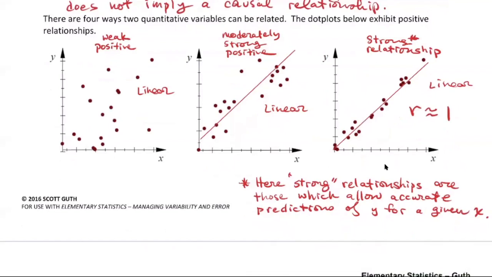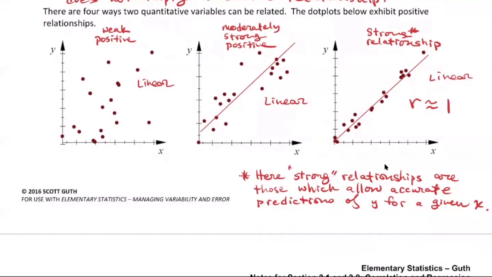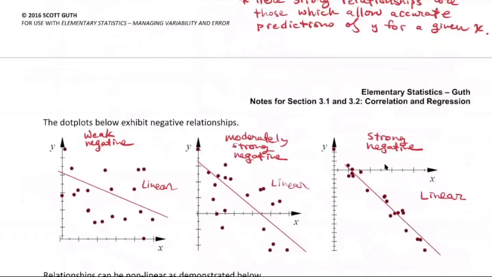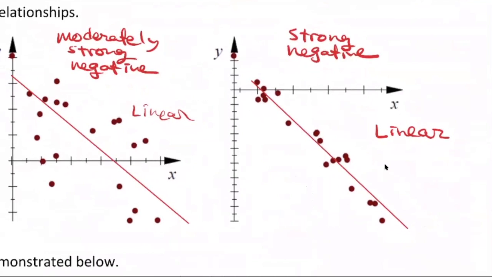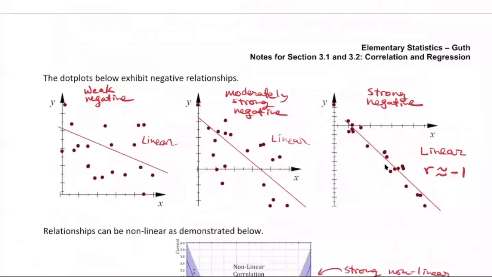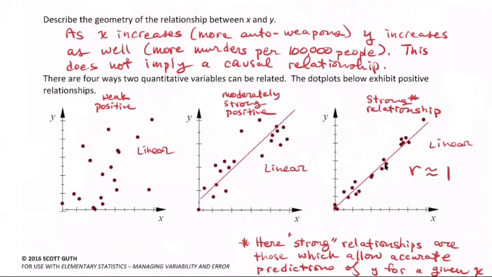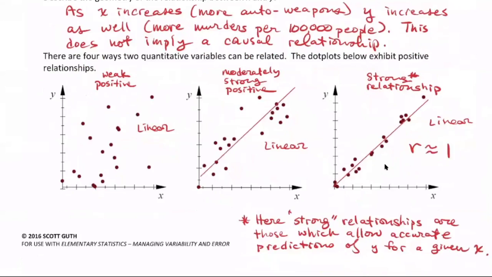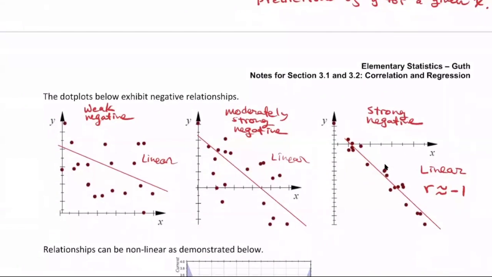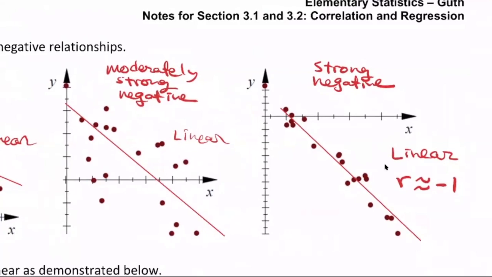If the line goes uphill, R is approximately 1. If the points are close to a line and the line goes downhill, R should be close to -1. Remember, it's exactly -1 when the points are on a line that goes downhill. So when the points are close to an uphill line, R will be close to 1. When the points are close to a downhill line, then R will be close to -1.